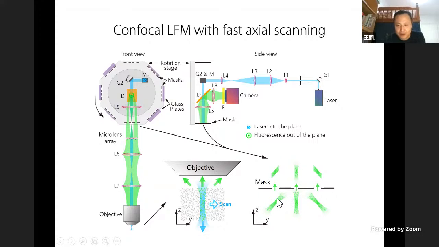The high resolution information is within this small range, and we designed a mask to match this small range. If you open the aperture larger, then you allow the background to come in, and that will cause noise and reconstruction artifacts, etc. So the mask is designed to match the optimal ray range, which is determined by the numerical aperture of each microlens.